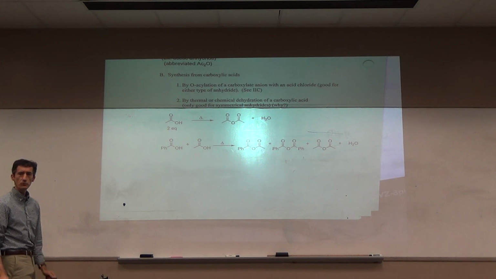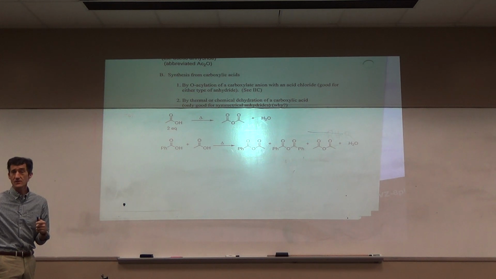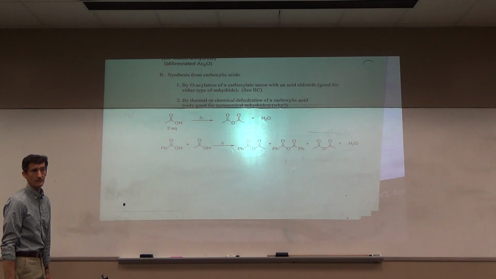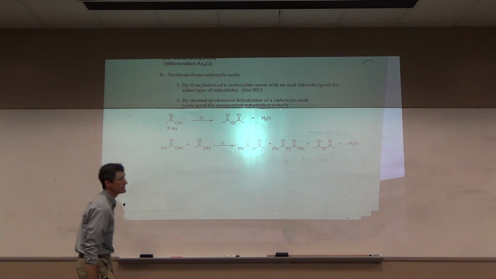Okay. Would you want to use two equivalents of your amine? And have one equivalent just be thrown in the waste container? No, you'd be wasting half of your amine. So we bring in another base to pick up the HCl.